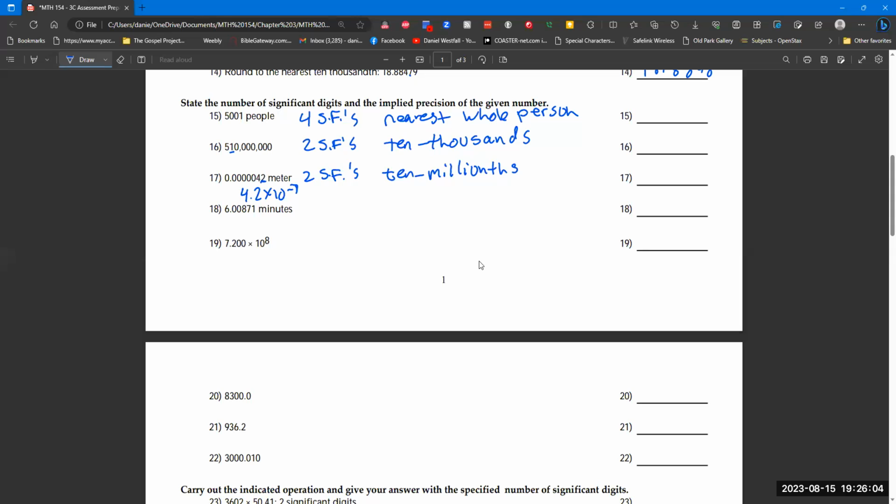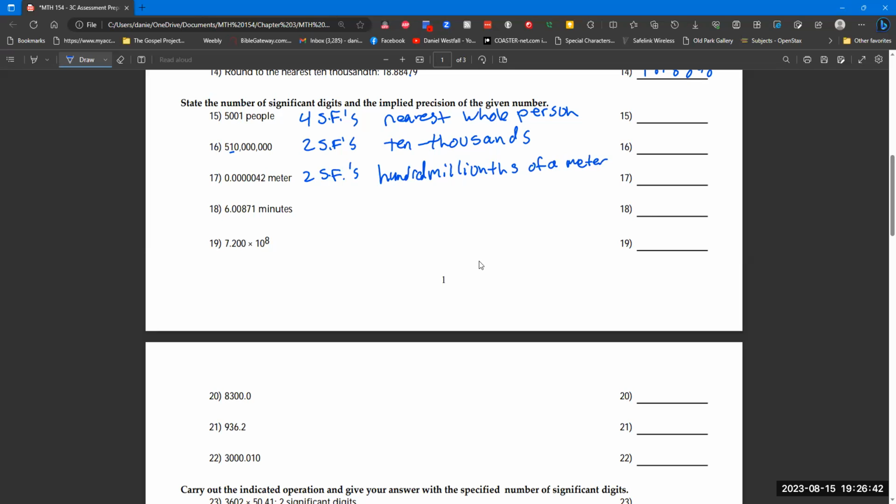Tens, hundreds, thousands, 10,000s, millions, 100 millions. There we go. Because that's 10 millions, that's 100 millions. So, all right, we have 1, 2, 3, 4, 5, 6, meter.